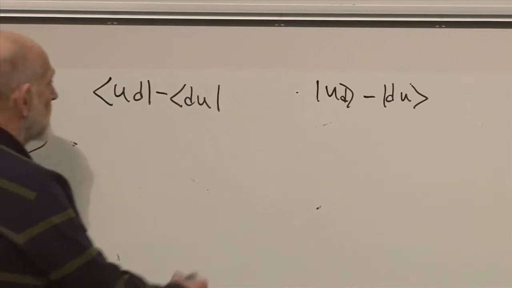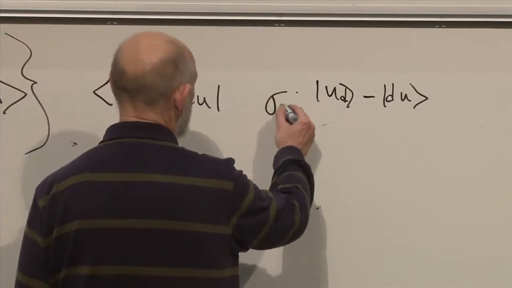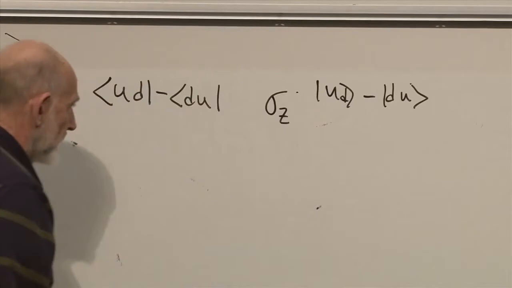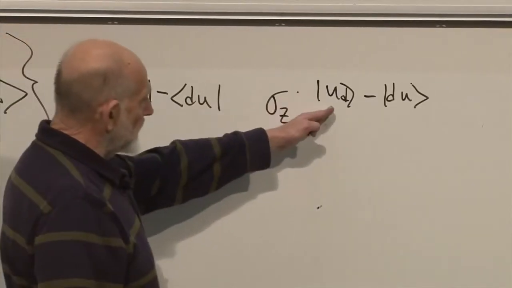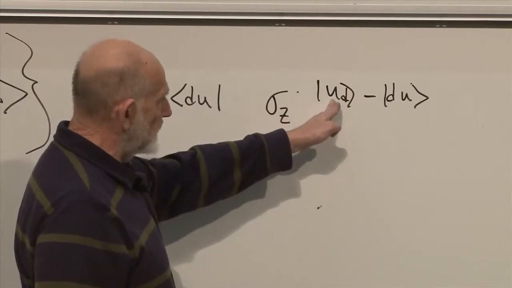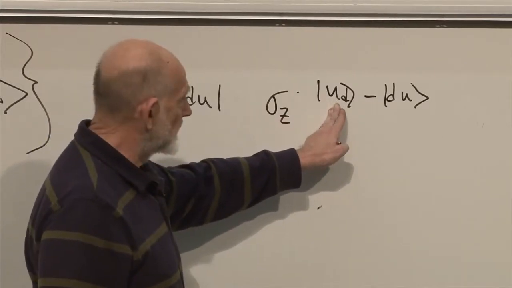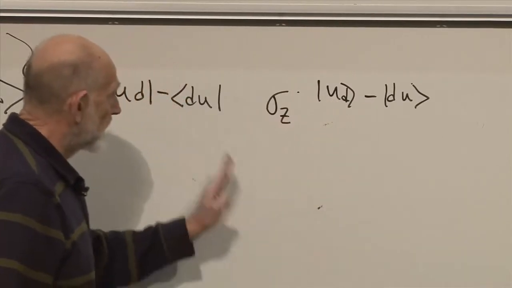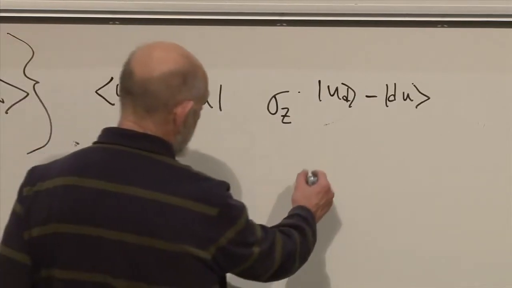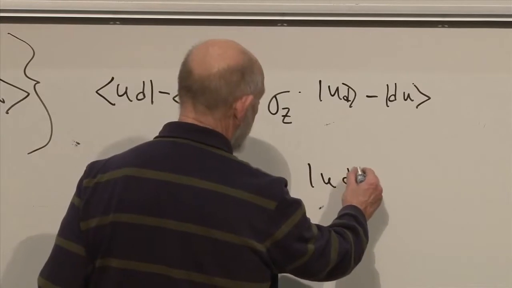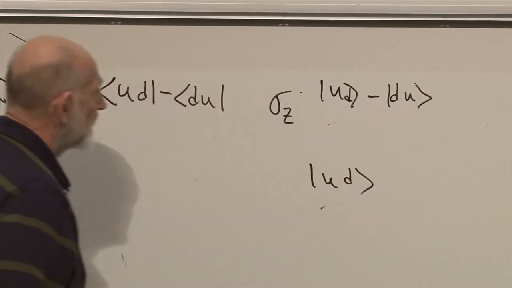So let's put sigma z first. Let's put sigma z here and see what we get. First, we act with sigma z. What does sigma z give when it hits up, down? It just gives up, down, right? But what does it give when it hits this guy over here?